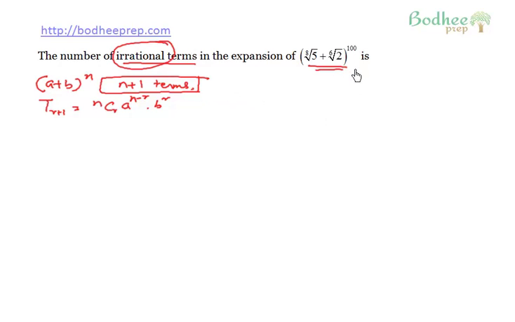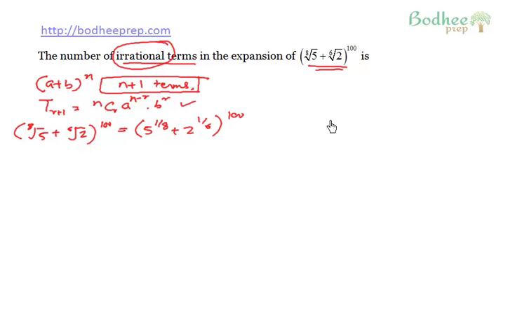Now this particular term can be written as, for simplification, (5^(1/8) + 2^(1/6))^100.